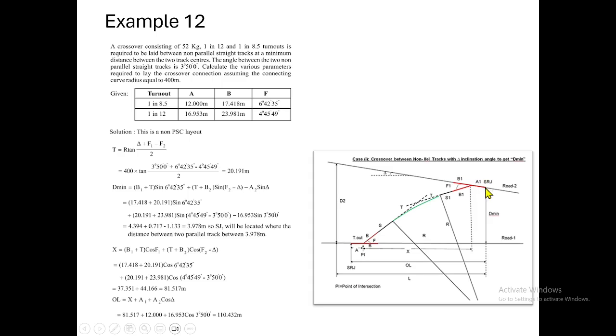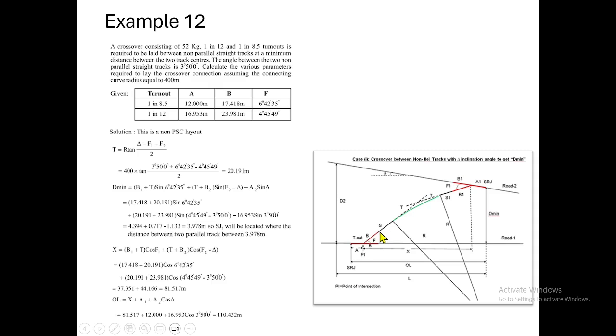If you deduct this, you will get the minimum distance. Substituting all the values here, we get D minimum equal to 3.978 meter. However, normally between track centers we have a minimum distance of 4.625, that we are supposed to follow. Anyway, here as per this problem, it's 3.978 meter.